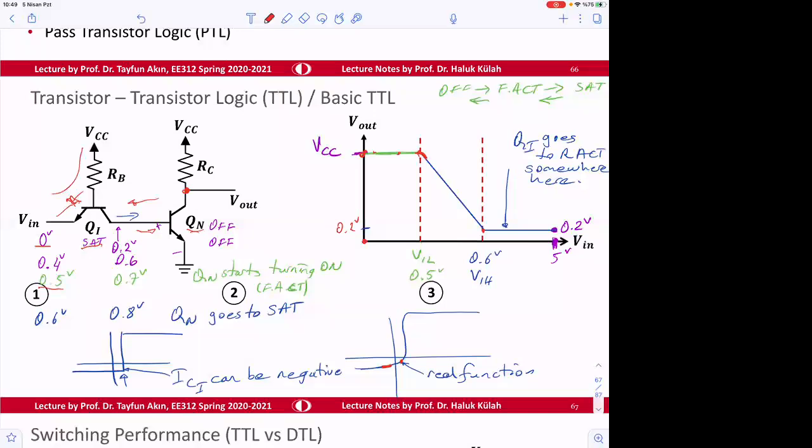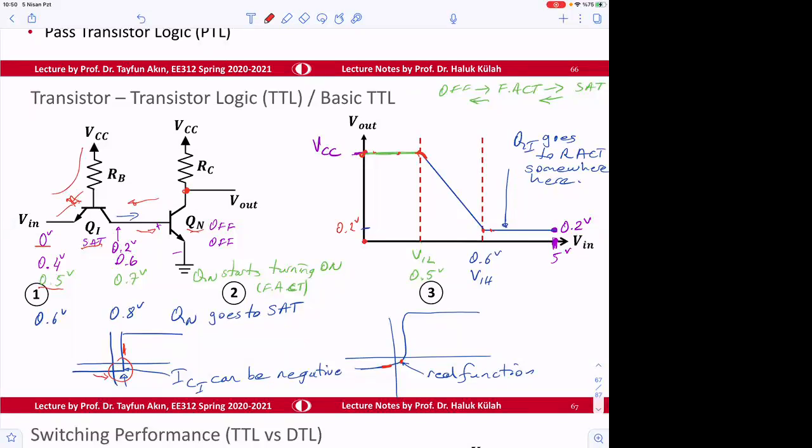Therefore, it switches. The only thing here is that the transition from SAT to reverse active is not modeled very accurately. So this is a questionable region for the modeling. But in any case, this thing happens, and somewhere in between here, QI goes to reverse active. But finding the value at which QI becomes reverse active depends on where you approach the question from: are you coming from this point or from this point?